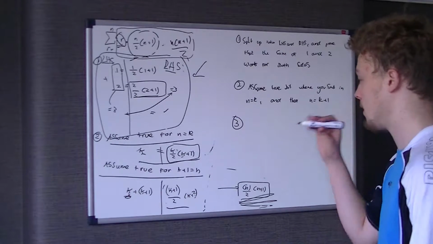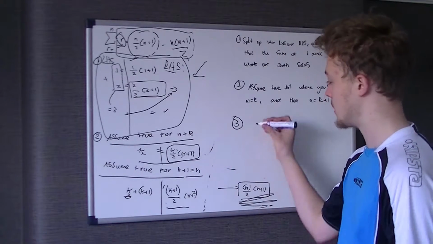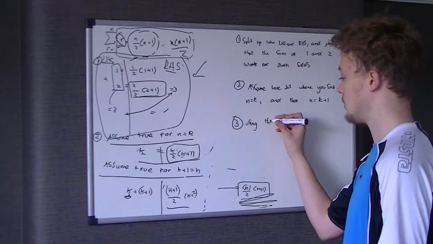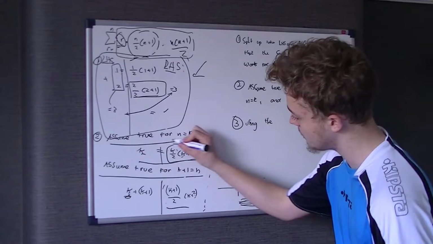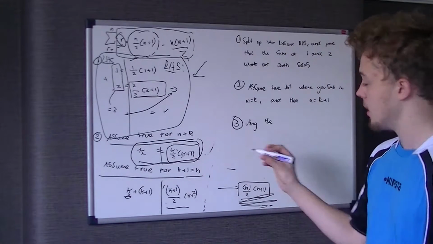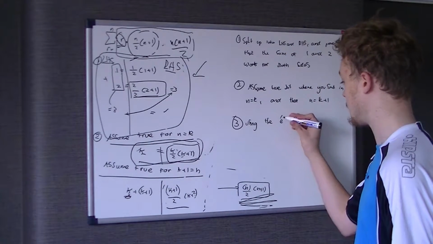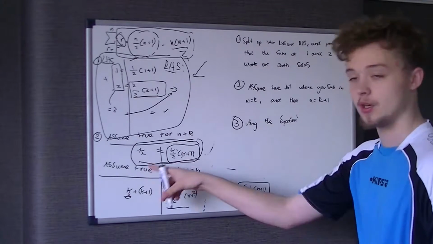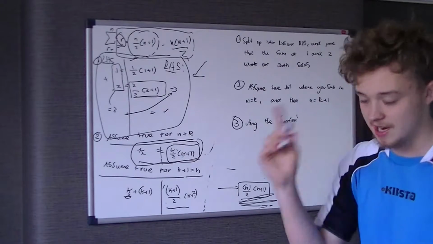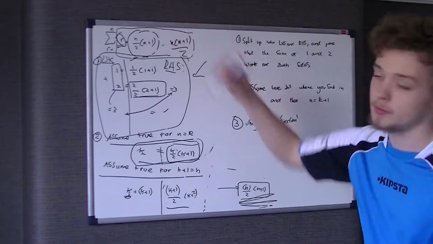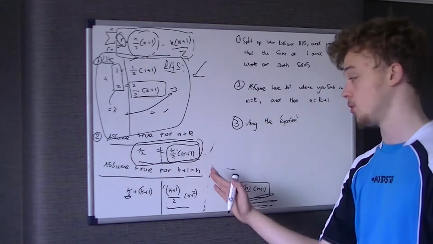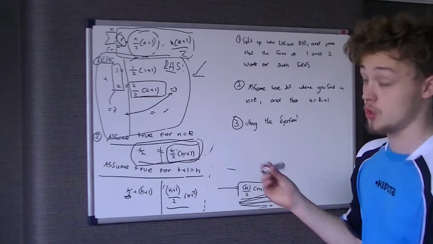Then the third step is using the equation. I'll put it in brackets, because it isn't really an equation, it just says that's equal to that. It's the equation you came up with, making the left hand side equal to the right hand side when you said assume true for n equals k.